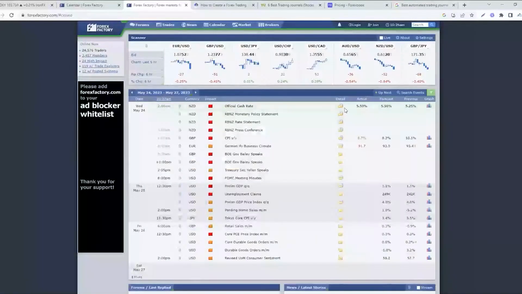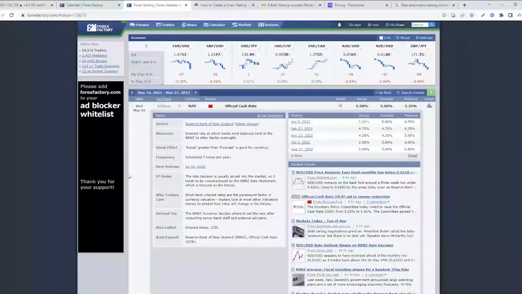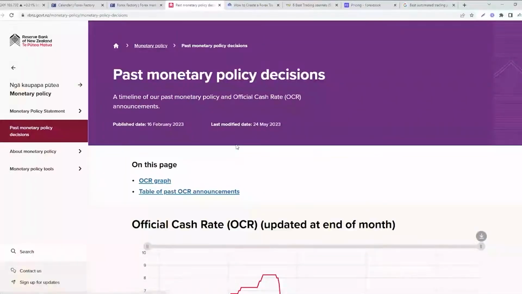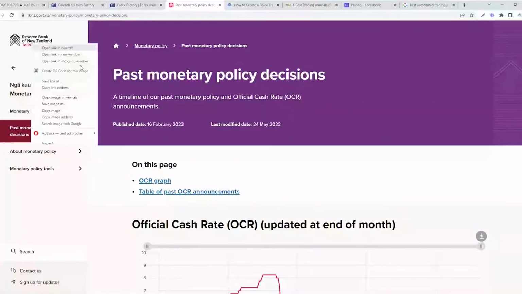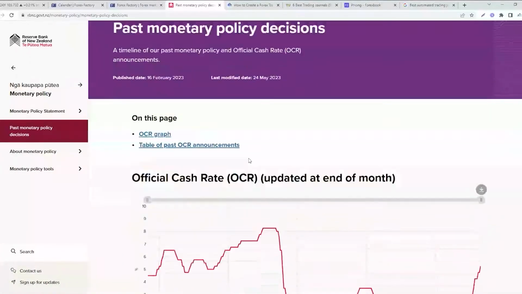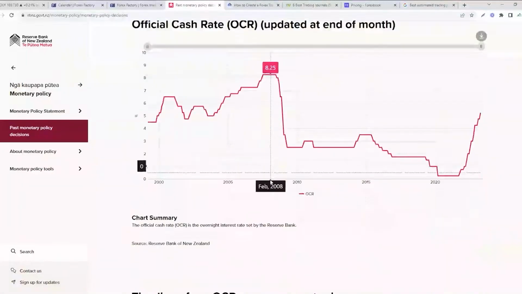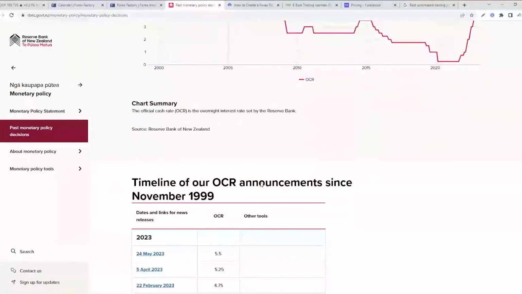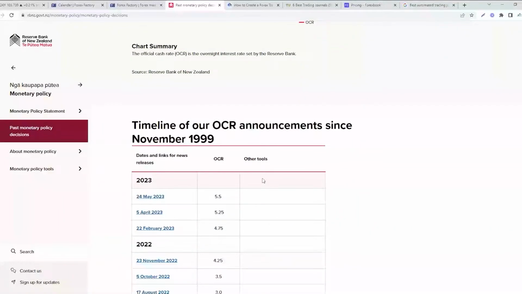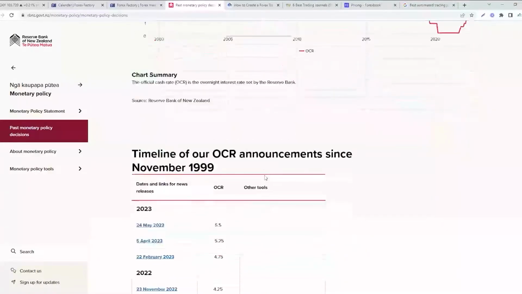And also the good thing about this, you can click on the folder icon and it gives you further details or description about that particular data point. And you can also click on the latest release, which takes you to the actual page, right? So in this case, it'll take you to the page of the Reserve Bank of New Zealand, where they'll give you further details on what has occurred, or on this particular data point.